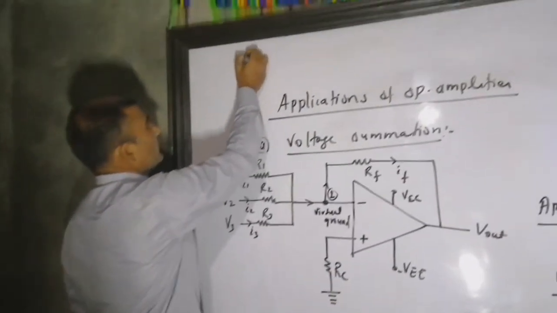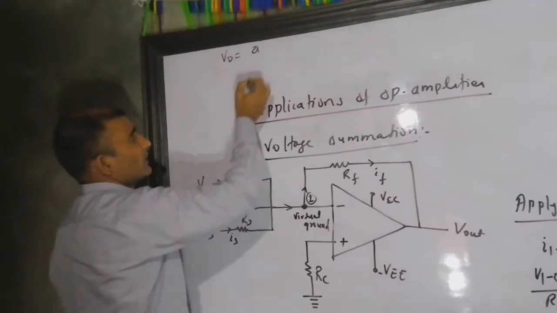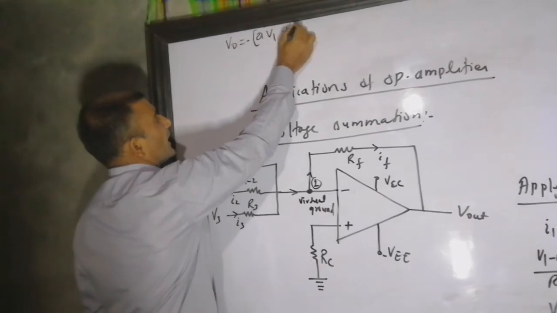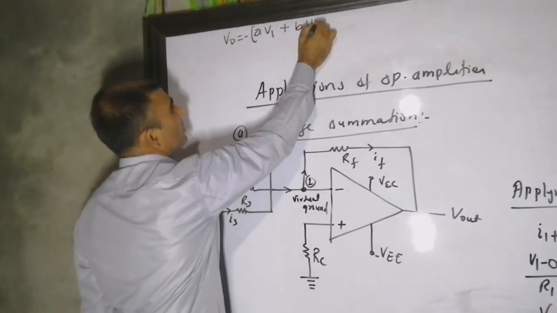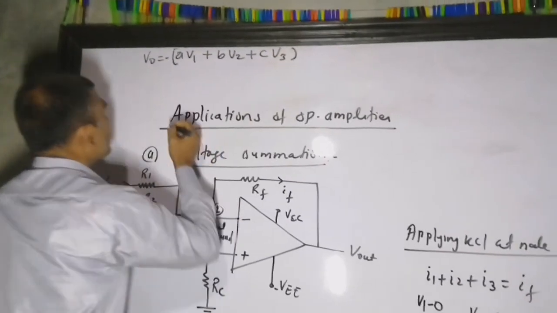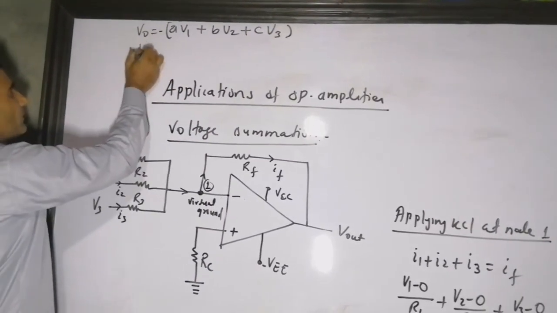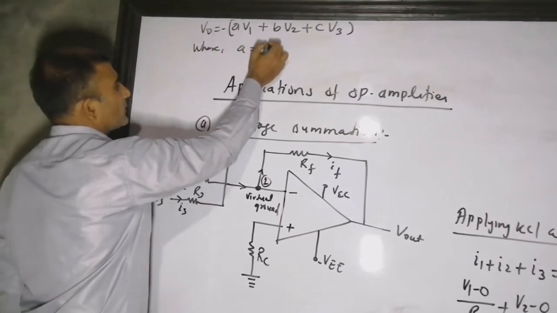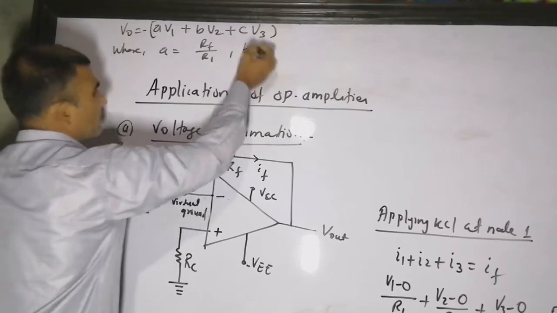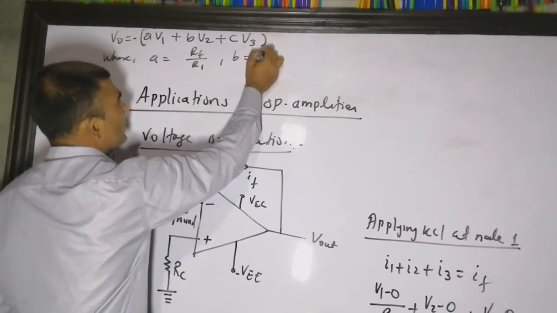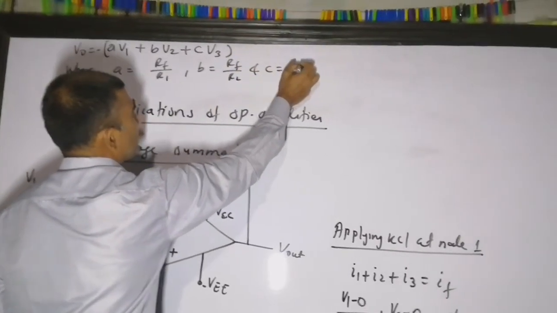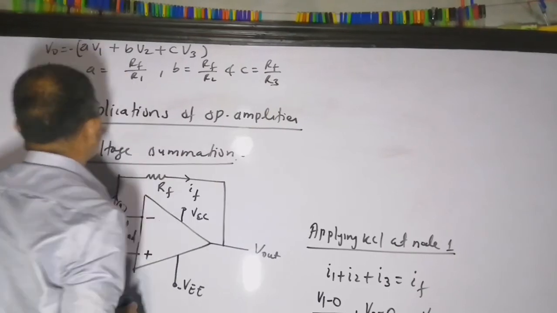So our equation becomes V out equals minus A times V1, plus B times V2, plus C times V3, where A equals RF upon R1, B equals RF upon R2, and C equals RF upon R3.